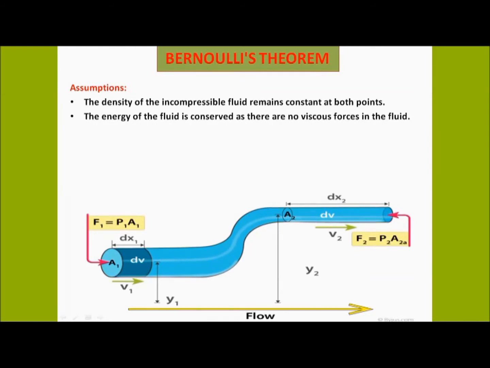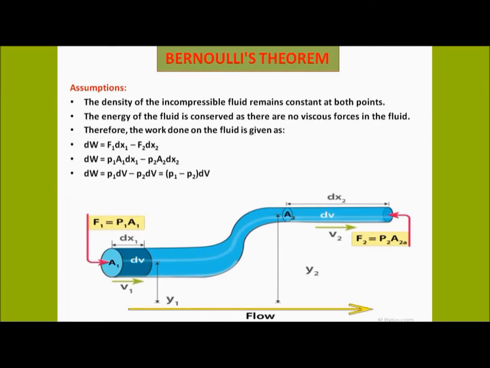It can only be changed from one form to another. So here we are going to apply the law of conservation of energy. Therefore, work done on the fluid: if the fluid is coming in at the point A1 and going out at the point A2, then we need to do some work.